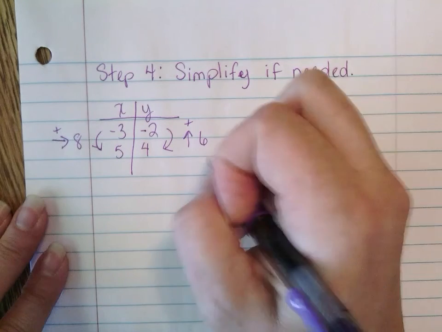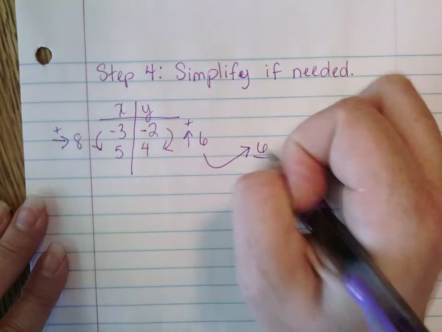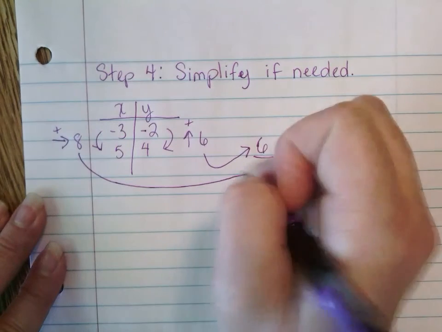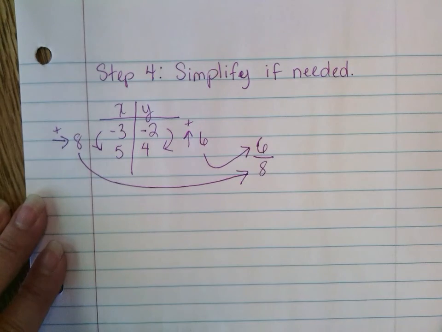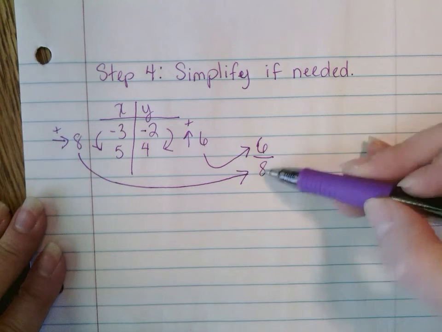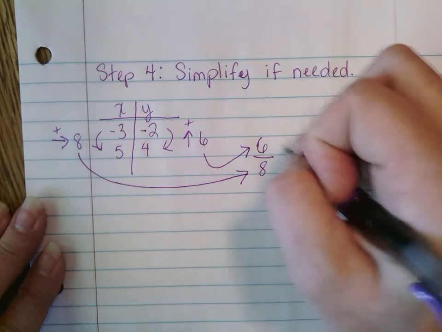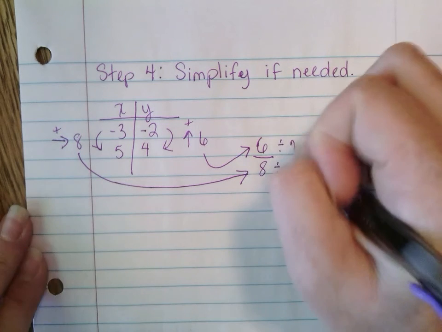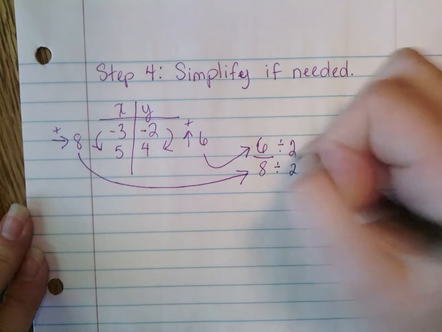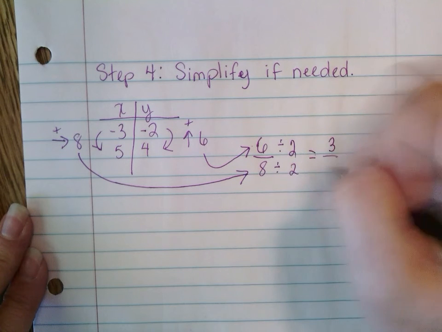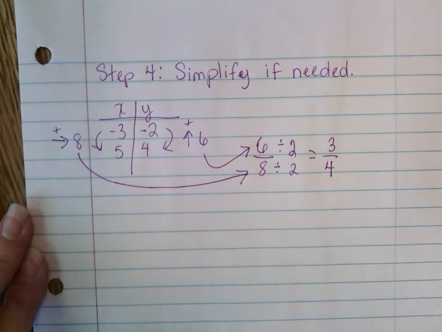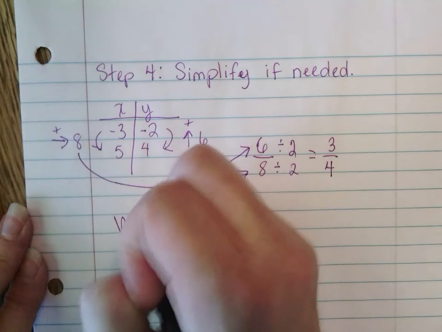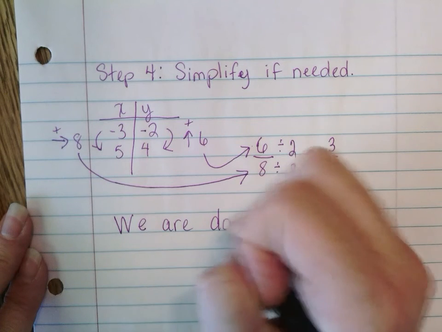We have our fraction: the 6 in the numerator because it's the y, and the 8 in the denominator because it is the x change. If I look, they share a common factor of 2, so I need to divide out the 2. 6 divided by 2 is 3. 8 divided by 2 is 4. Now it is simplified. We are done.